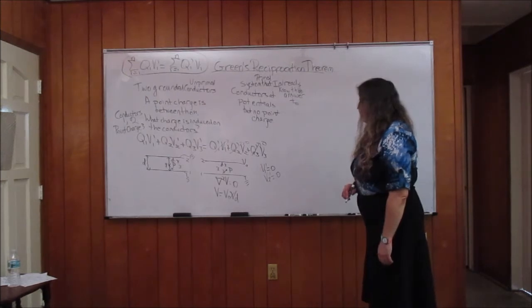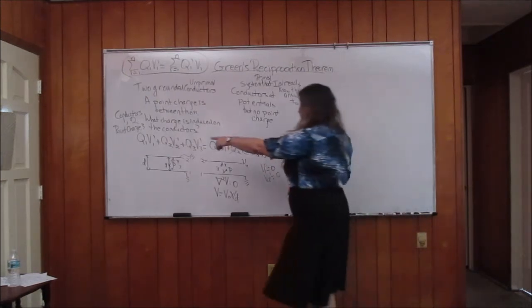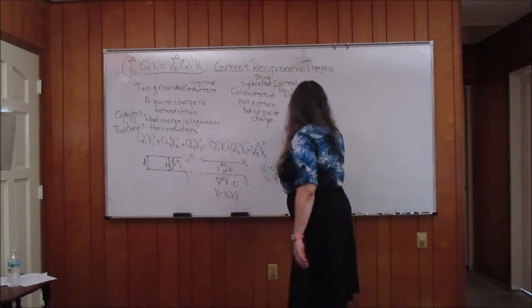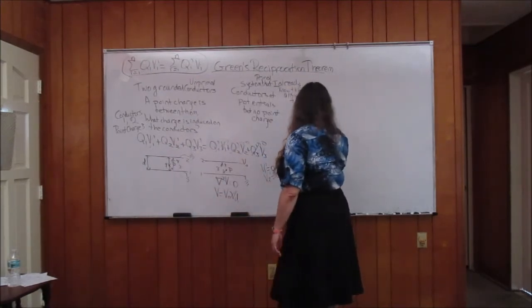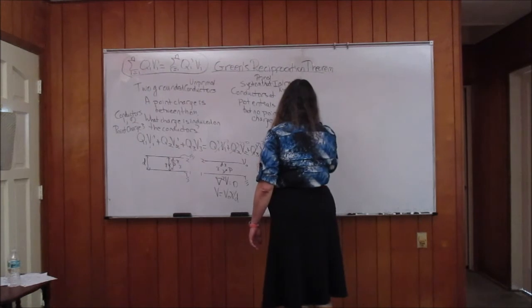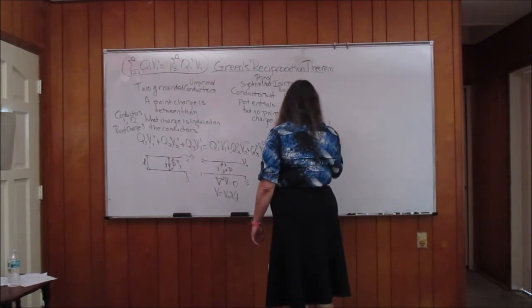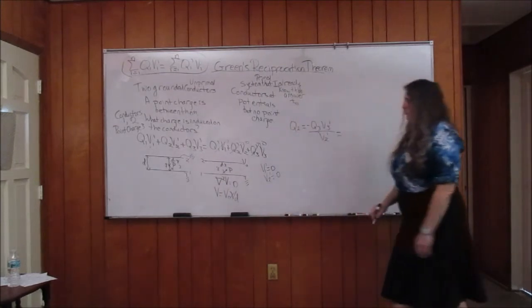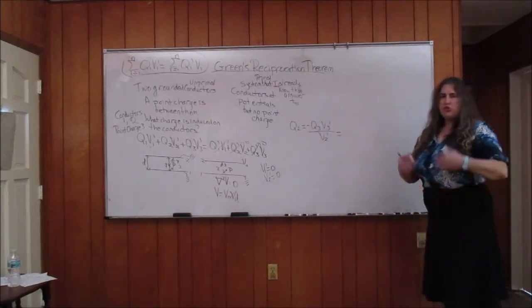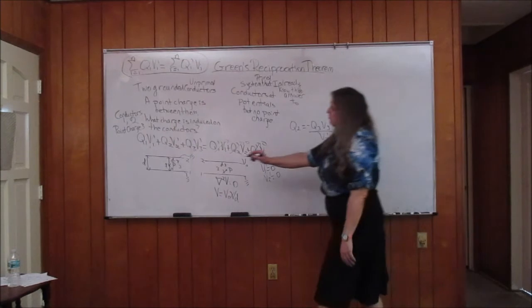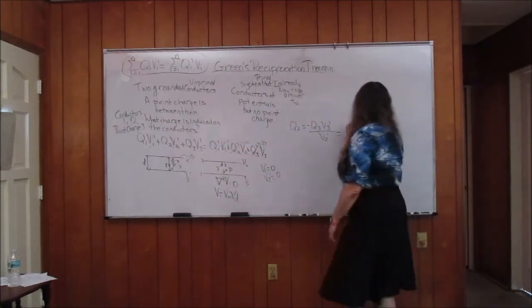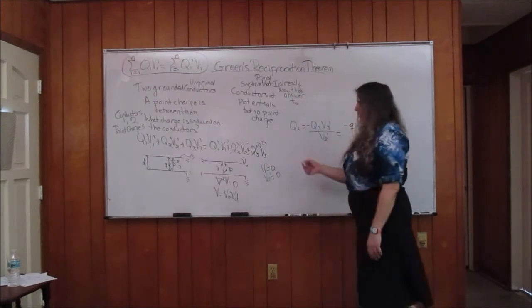And let's see, what else? Well, that means this first term is going to drop out, and I can solve for Q2 is equal to minus Q3 V3 prime over V2 prime. Q3 is the charge that's between the grounded conducting plates in the original problem, so that's minus lowercase q.